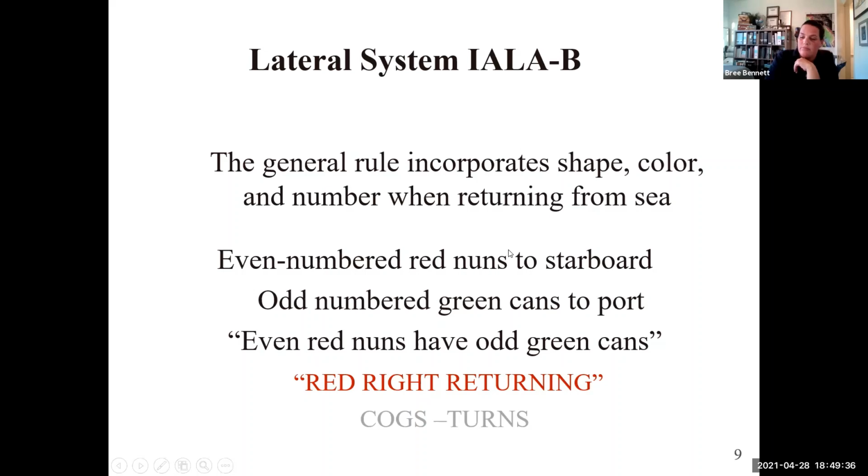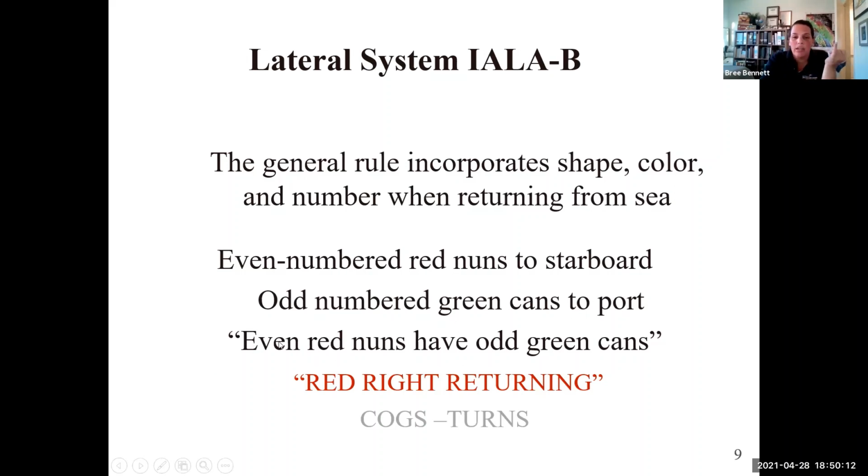These are other poems, I guess. Your even numbers are your red buoys. Your odd numbers are your green buoys. Your even numbers are the nun shape, which we are going to look at, which is just a pointier version, where your green is going to be squared off. Nice square looking.